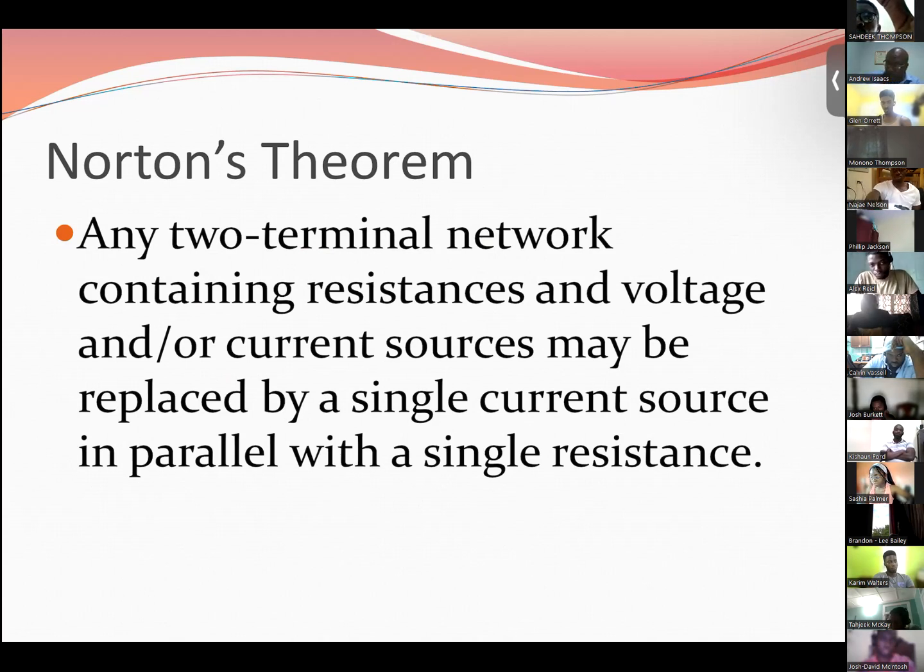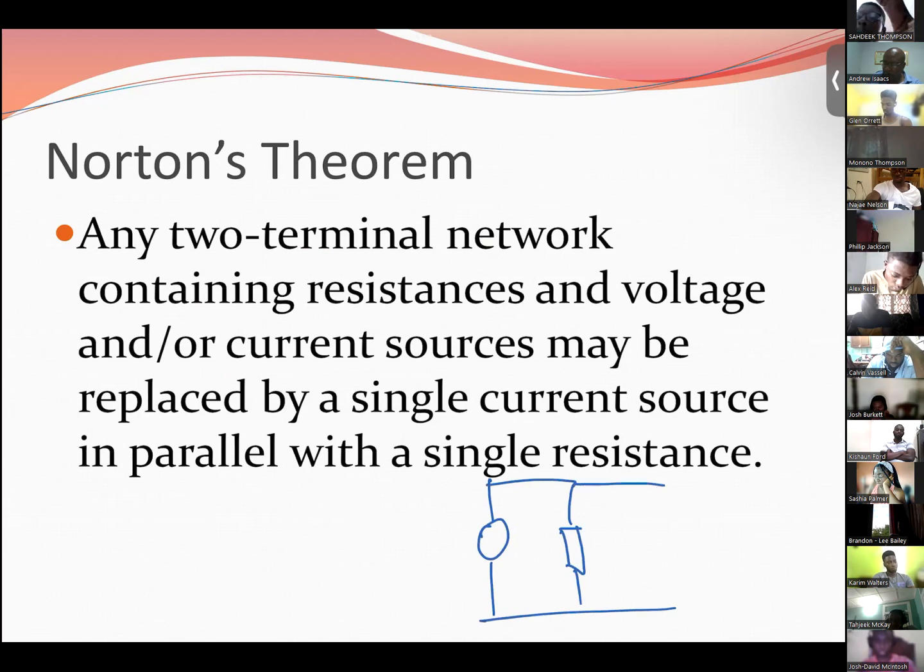So in this instance, however, whereas Thevenin said that we had a voltage source in series with a resistance, Norton speaks to a current source in parallel with a resistance, which is why I said that they are opposite, so to speak.